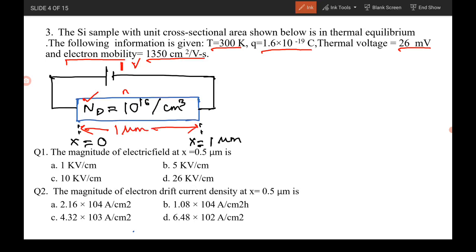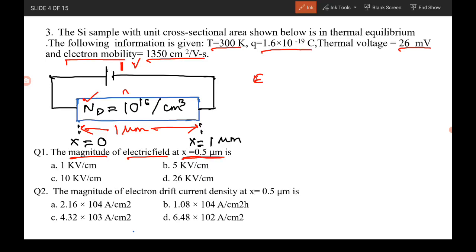So now let's find out the first part of your question, that is the magnitude of electric field at x equal to 0.5 micrometer. So we need to find here the electric field. So now here you can see the electric field is uniform all over the semiconductor material. So it doesn't depend on the distance which is given in the question.